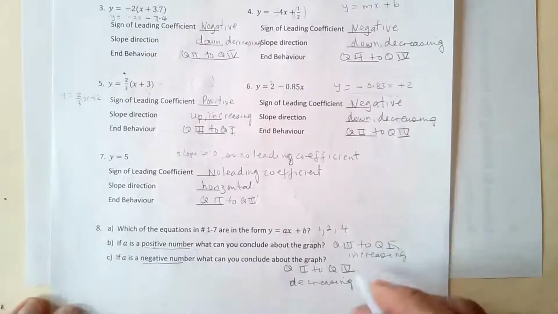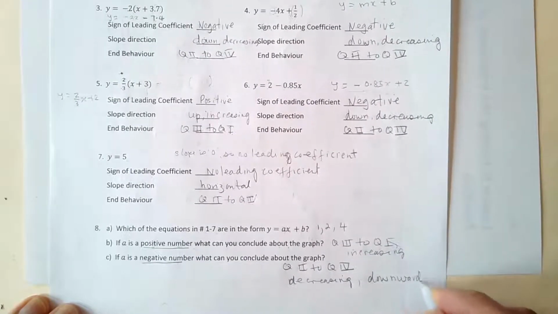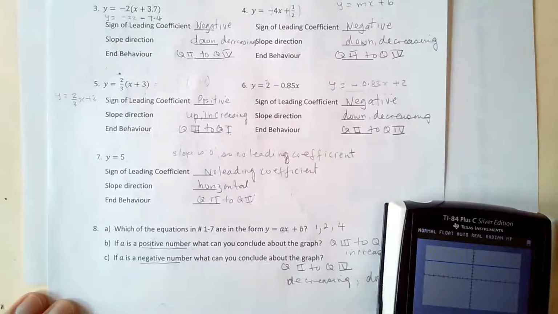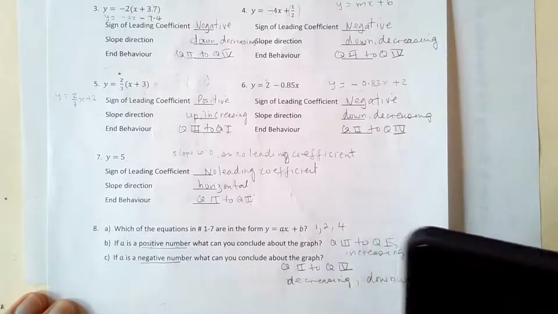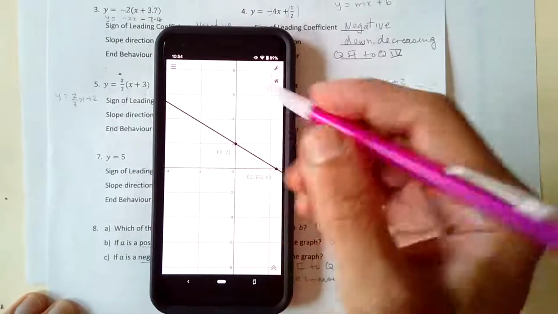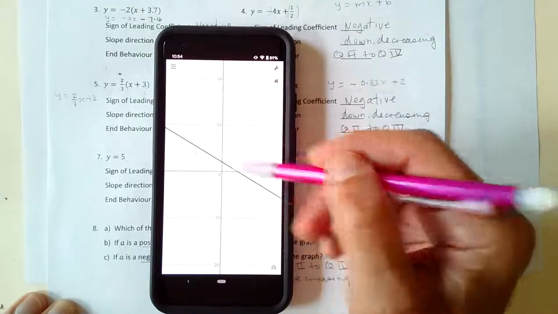So the graph is going downwards here. Let's go to the decimals here. So here we have a negative slope, so it's going down from quadrant 2 to quadrant 4.